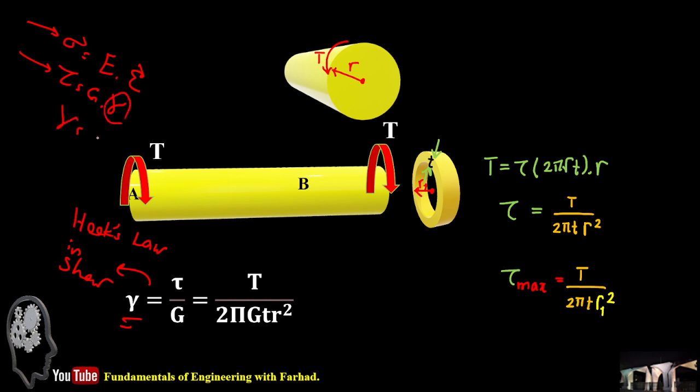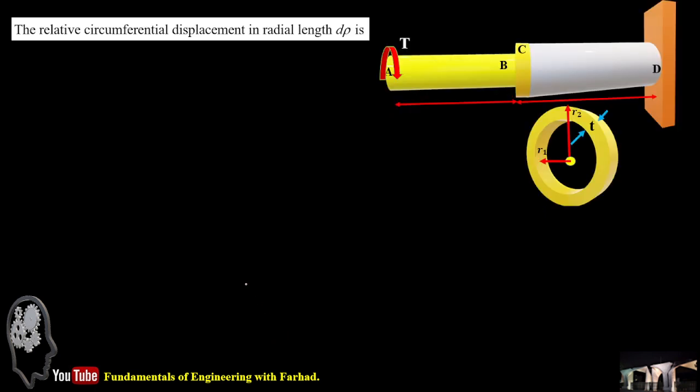So gamma is tau over G, and we already know what our tau is. If we replace it with tau maximum, you can get this equation: gamma is equal to torsion over 2 pi G thickness r squared.